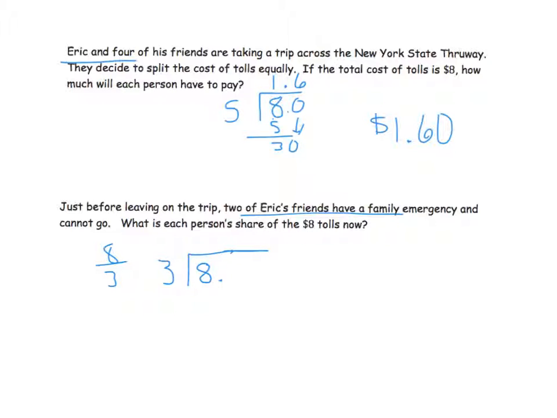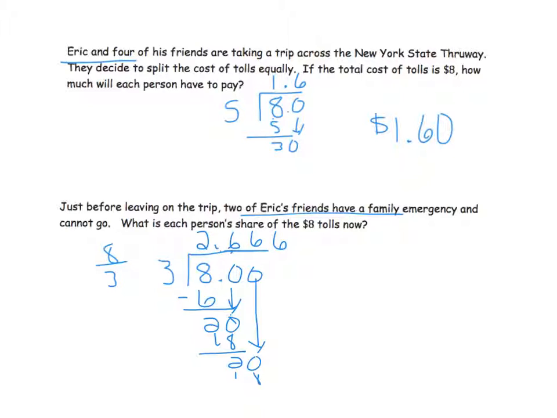All right, so 3 goes into 8 2 times. 2 times 3 is 6. I'm going to subtract down. I'm going to start adding my zeros. Bring that 0 down. 3 goes into 20 6 times. 18. And then I am repeating, because my remainder continues to be 2.